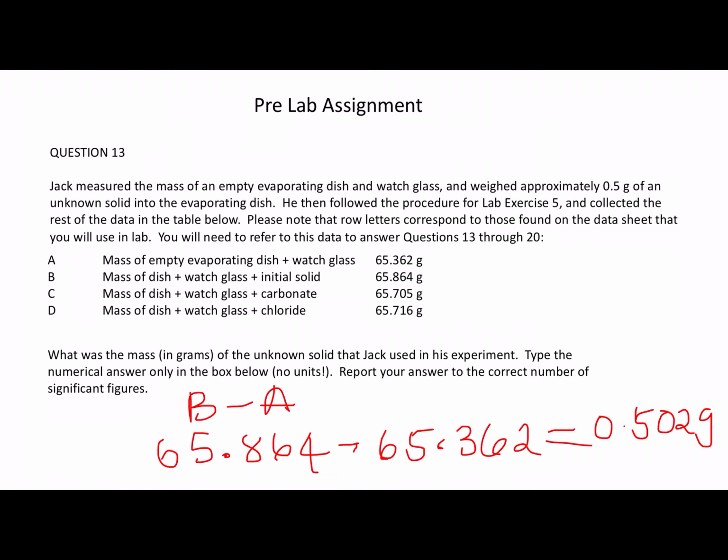Okay. And question 14. Use the data given in 13 to calculate the mass of the carbonate that Jack obtained after the initial heating of his unknown solid. And that is going to be C minus A. Right?